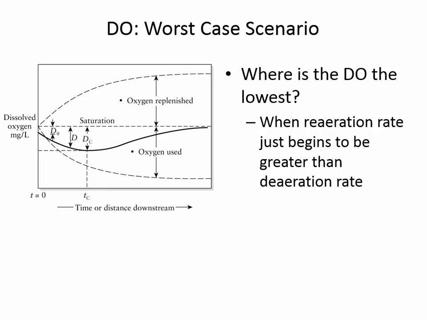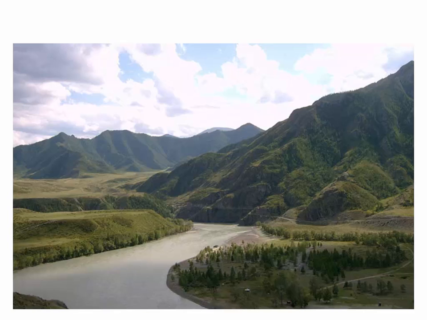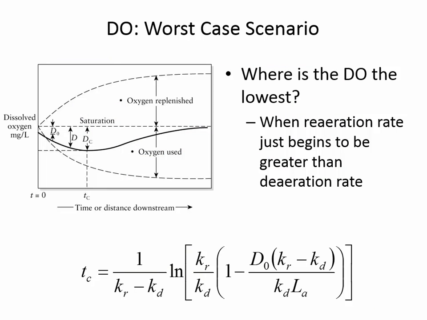And then on the horizontal axis is time, or if we wanted to multiply by the velocity of the river, we can have on the x-axis be distance, how far downstream until we see the dissolved oxygen of a certain concentration.